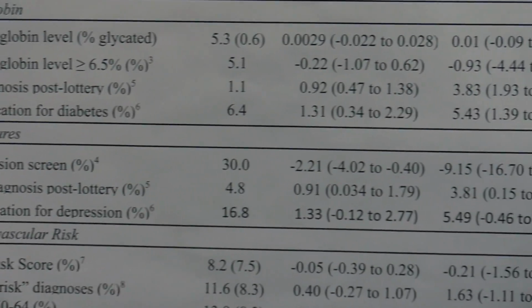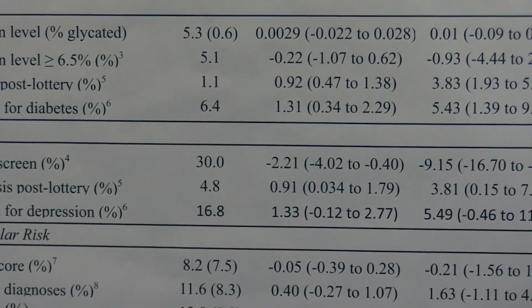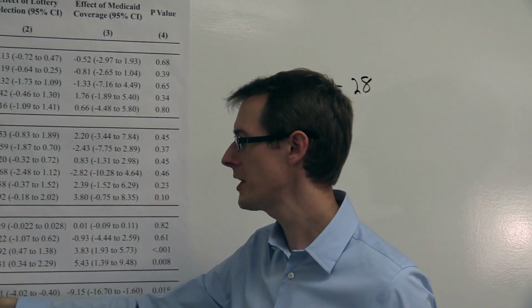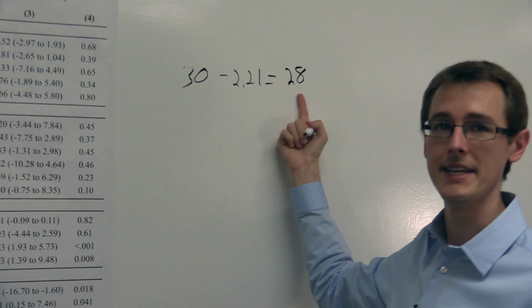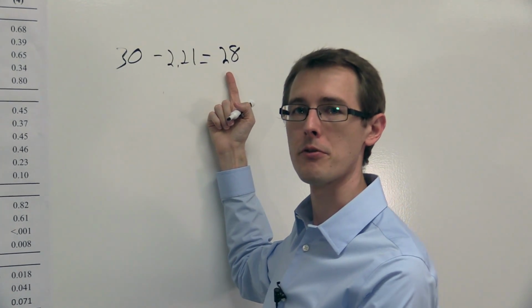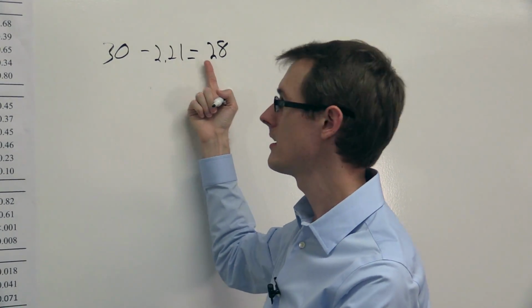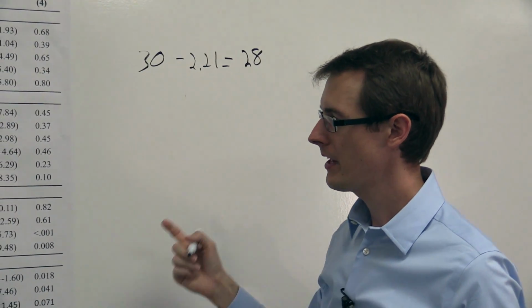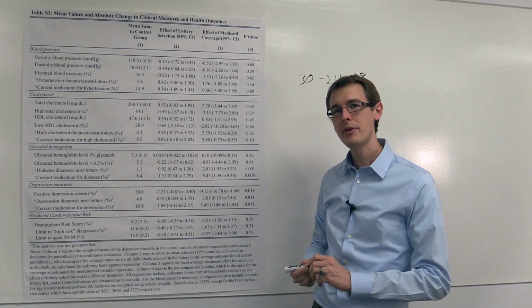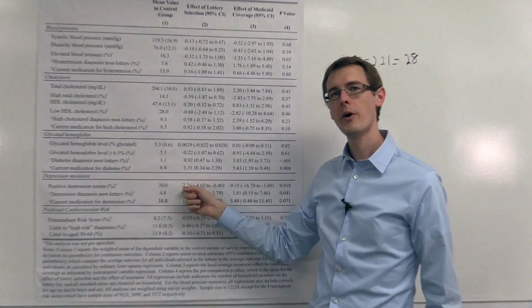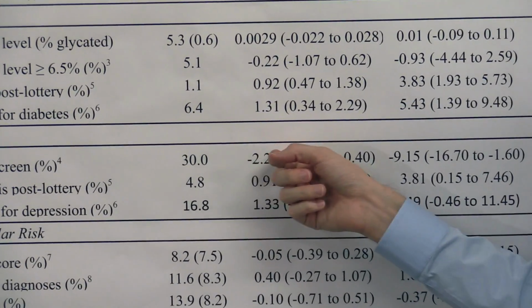And then the difference is minus 2.21. So the value in the treatment group is about 28. So only about 28% of people in the treatment group are depressed, whereas it's 30% in the control group. So from this number, it looks like being in the treatment group lowered whether you got depressed or not, okay?